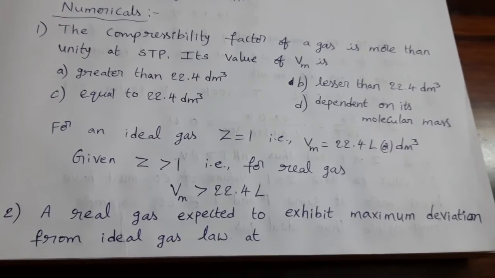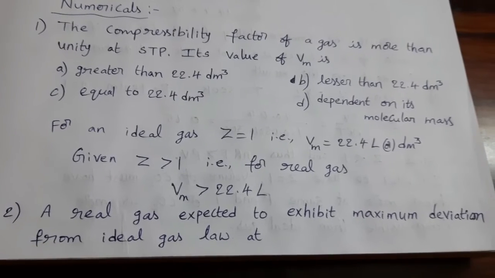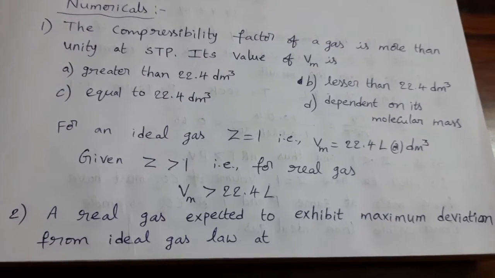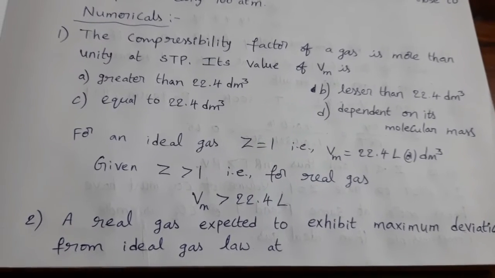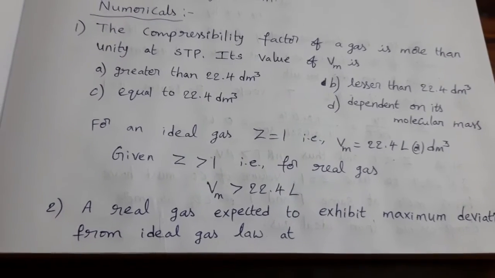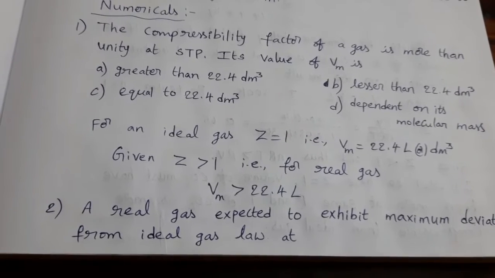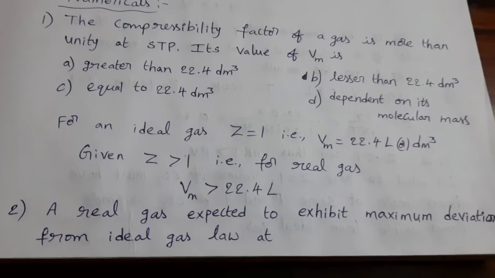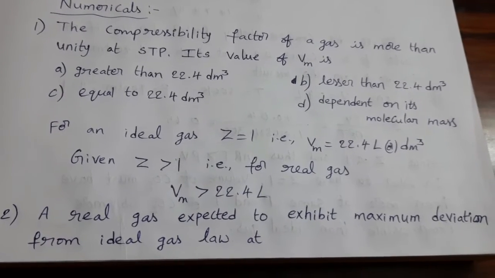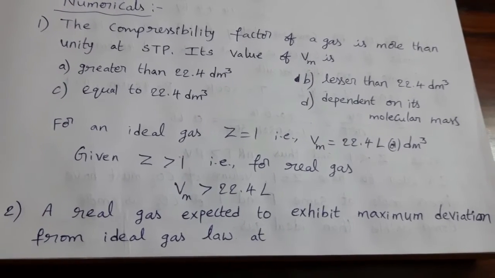At very low pressure and high temperature, intermolecular attractions are negligible. But coming to real gas, intermolecular attractions are considerable. So intermolecular interactions are present between the gas molecules in case of real gas. That's why real gas exhibits deviation from ideal behavior.